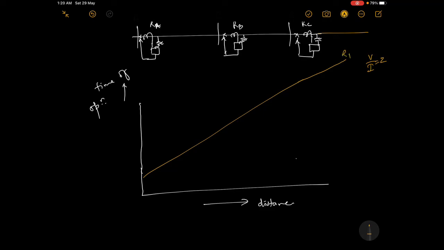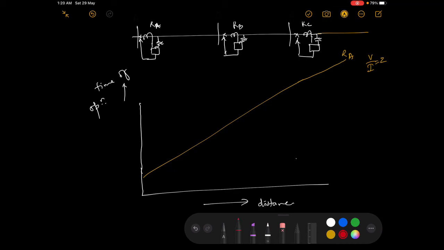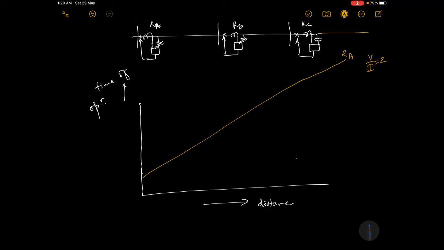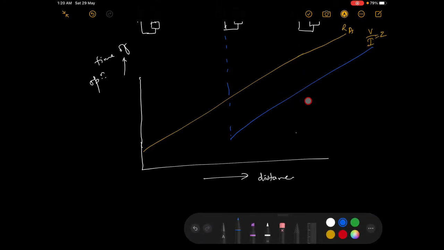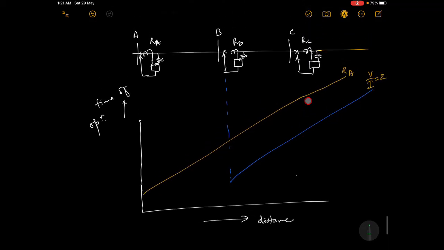Now this is related to R1 or sorry RA, and with respect to RB, do you agree with me that it will start somewhere here, and it will also have the same characteristics, of course. And for RC, let me take some other color.